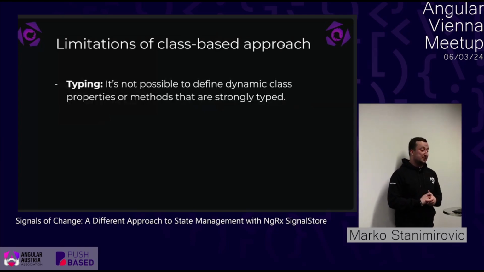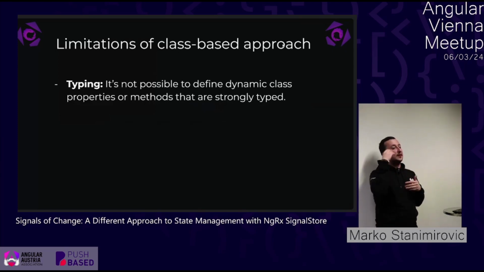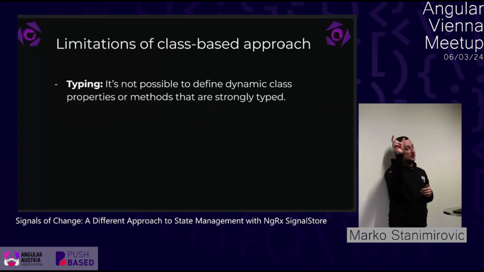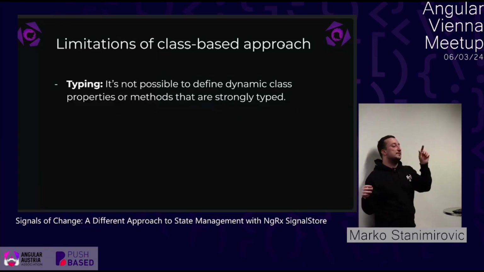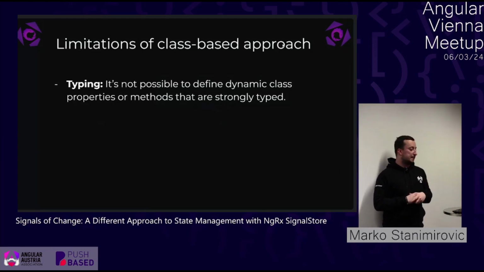The first one is typing. It's not possible to define dynamic class properties or methods that are strongly typed. In other words, if you use the ComponentStore, we usually pass the initial state to the parent constructor when we extend the ComponentStore base class. And then for each ComponentStore, we manually create a selector for each state property.